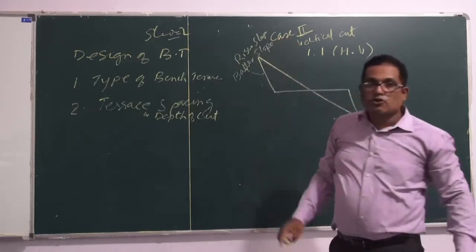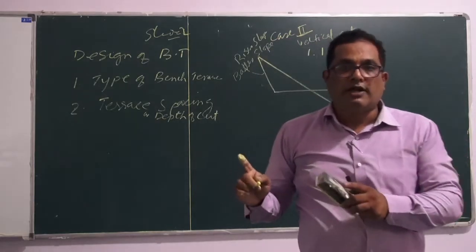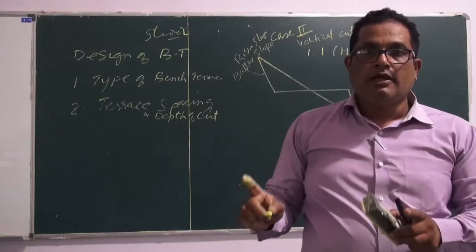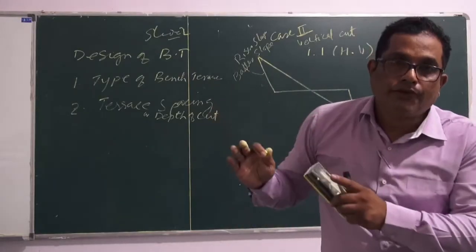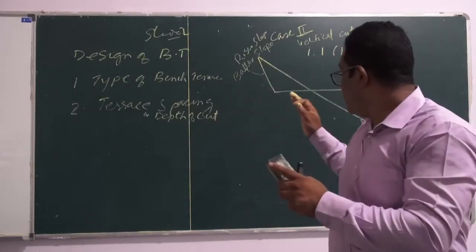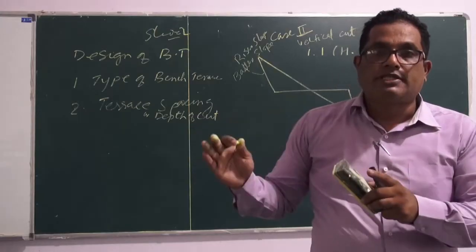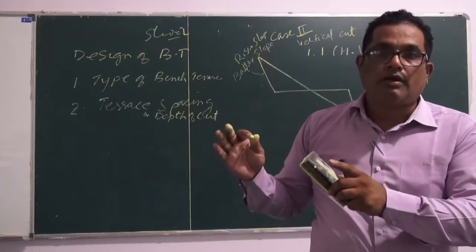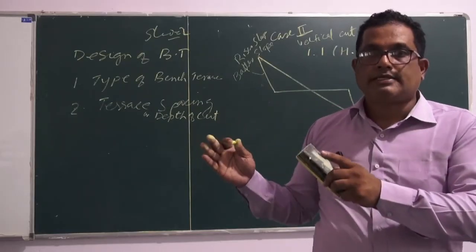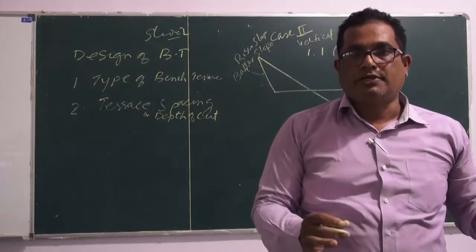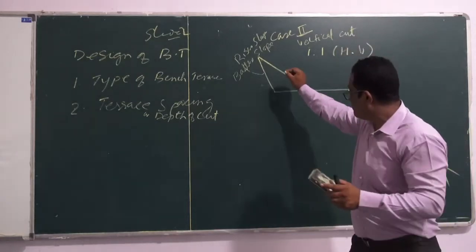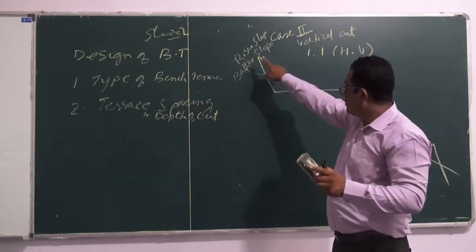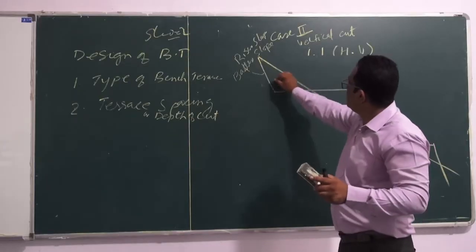A batter slope of generally 1:2 or 1:1 is given, so that the cut will be more stable, and it will not fail against high rainfall or soil erosion. So for stability, we give this batter slope or riser slope of 1:1.